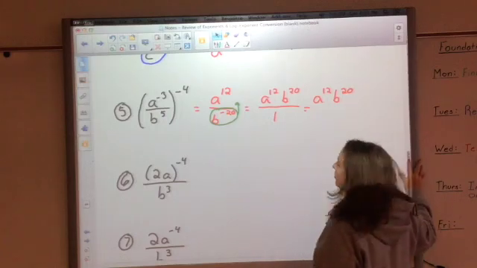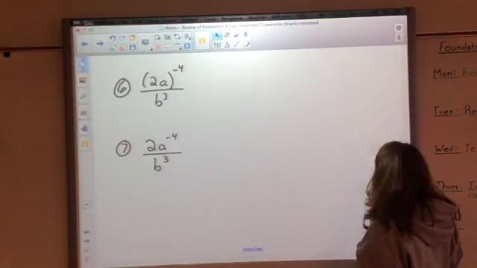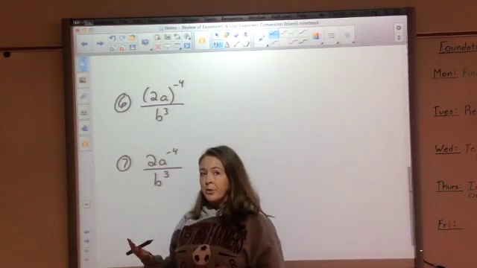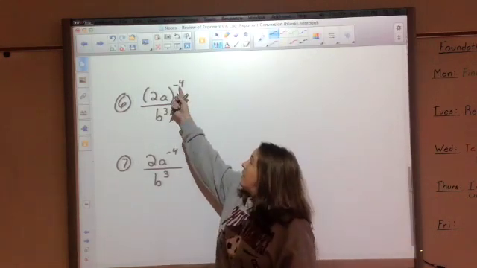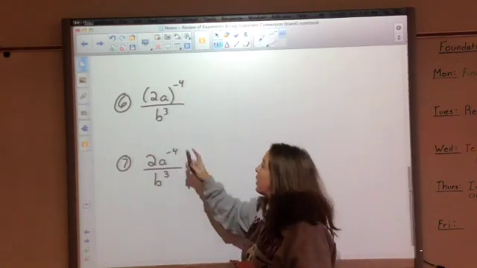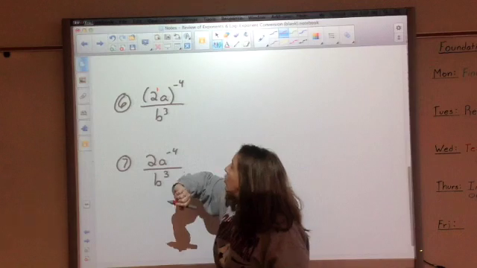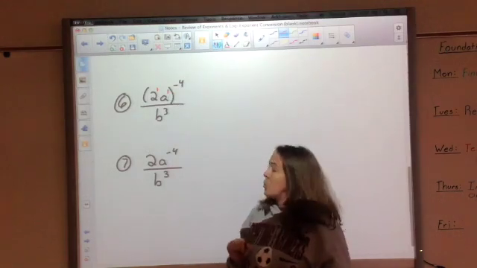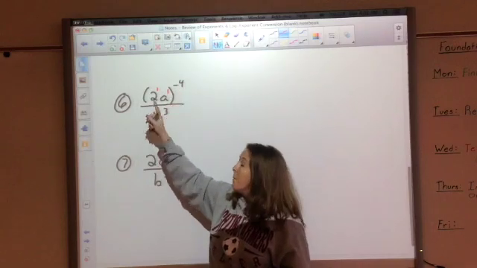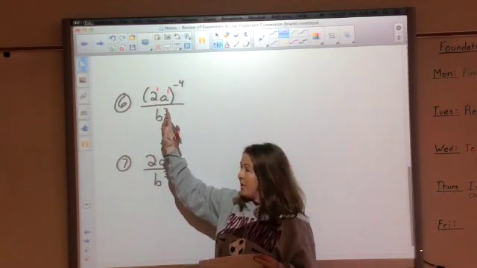All right, let's take a look at 6. Okay, similar thing here. We have a negative exponent on the outside. We also need to remember that this is an understood 1, and this is an understood 1. So I'm still distributing that negative exponent, which means multiplying by the exponent that was previously there.